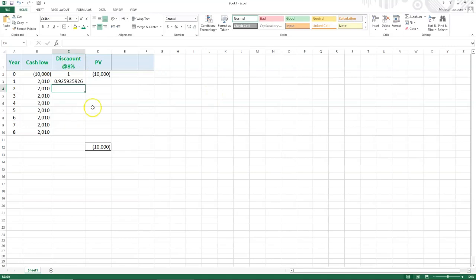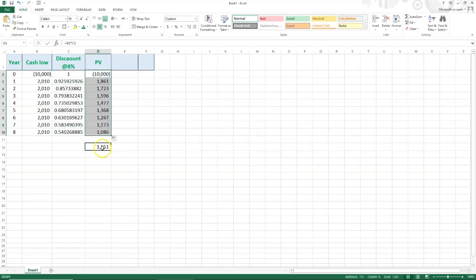So this is a discount factor. To get the other factors, you just need to divide this by 1.08, or simply we can do it as in the last cell. Then you drag the equation, and we get the answer $1,551. Let us see that in the presentation.